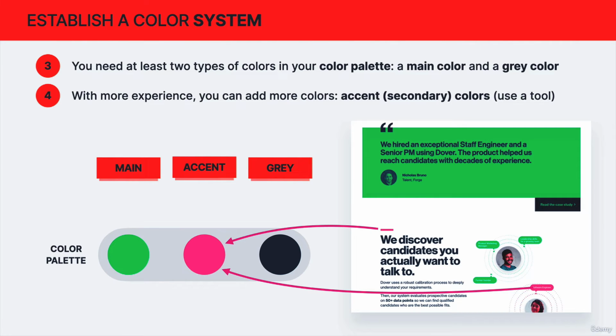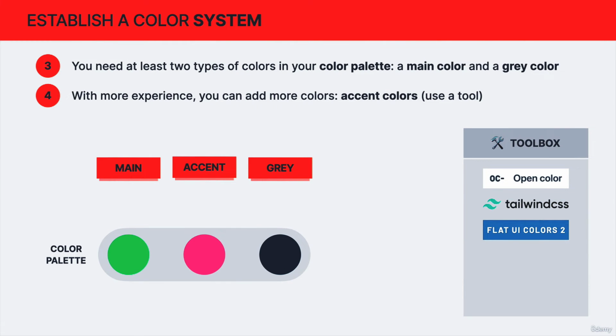Now this accent color should not just be any random color. Instead, there needs to be some relationship between the main and the accent color. And so therefore, you are going to need to use some kind of tool in order to choose your accent color.